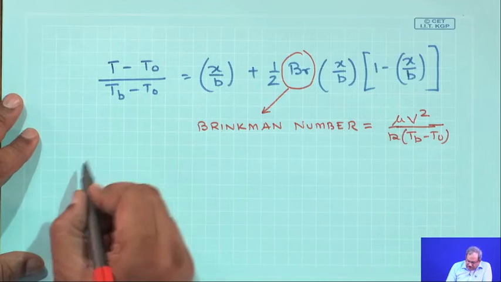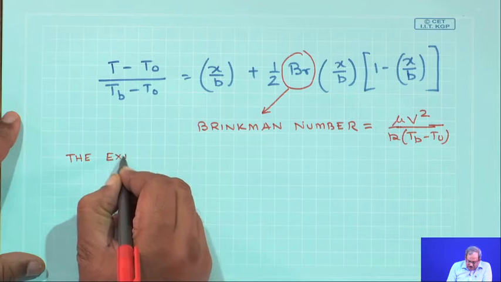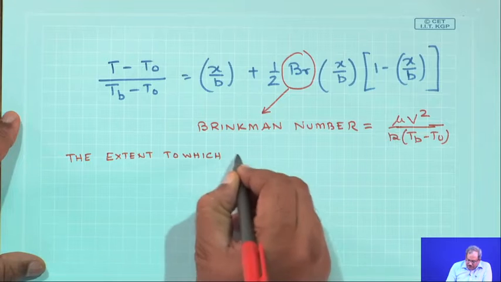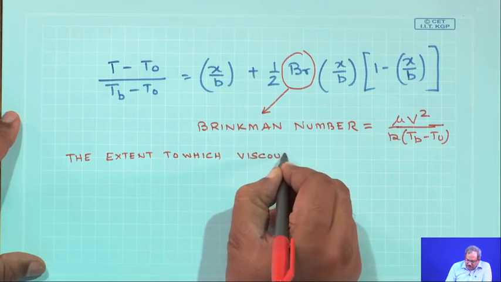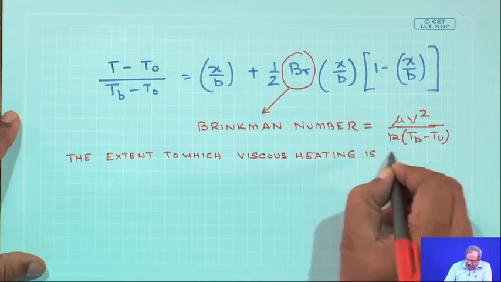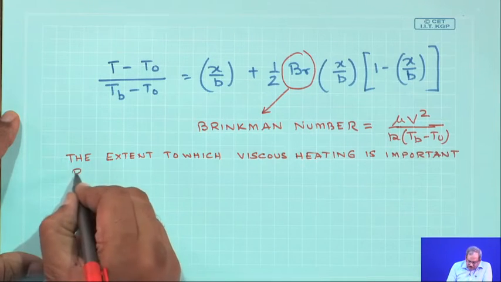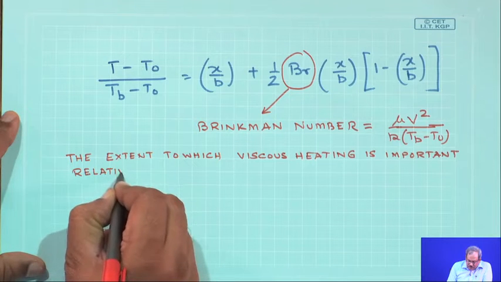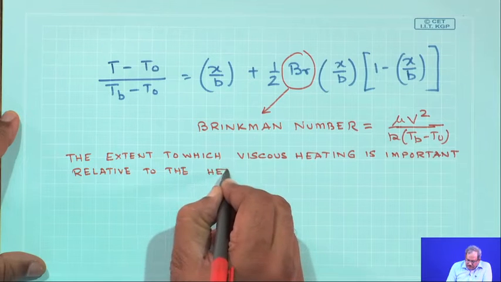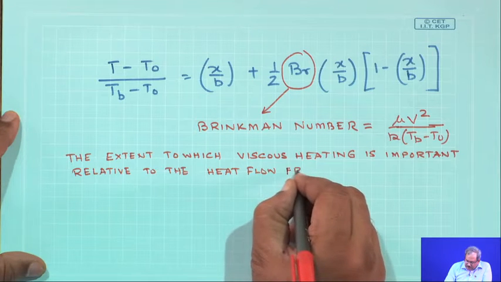So, Brinkmann number essentially tells you the extent to which viscous heating is important relative to the heat flow from the imposed temperature difference.